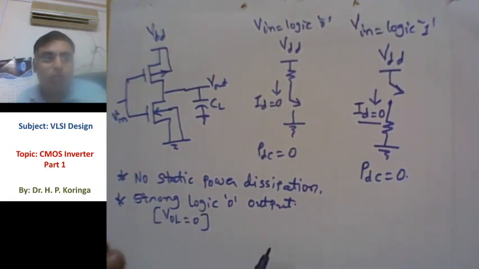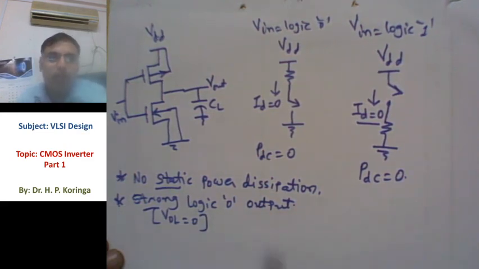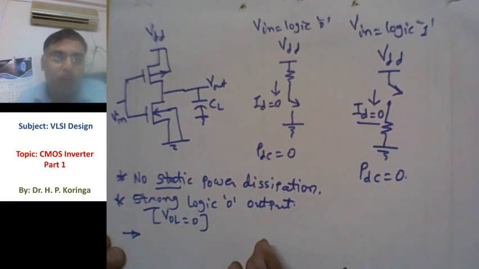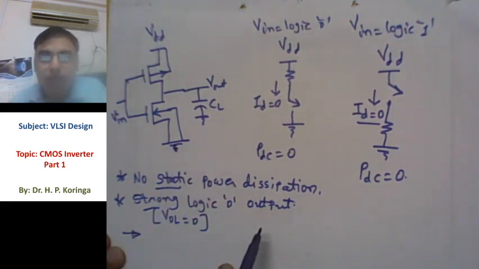Strong logic 0 output and no static power dissipation. Okay, so this is the CMOS inverter. We can say it's the ideal inverter topology for implementation of any digital logic. Is that clear?